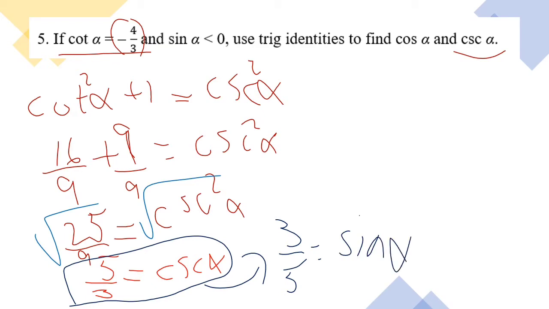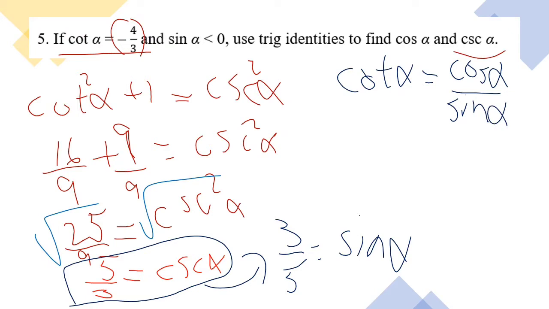The easiest identity, if I can use it, will be the basic identity. So the basic identity says cotangent is equal to cosine over sine. If I'm trying to find cosine, I just need to multiply both sides by sine.